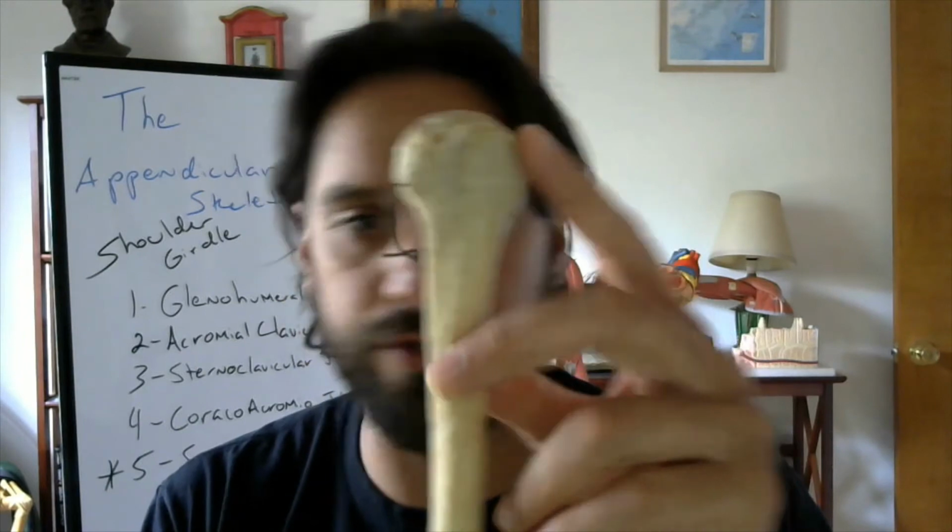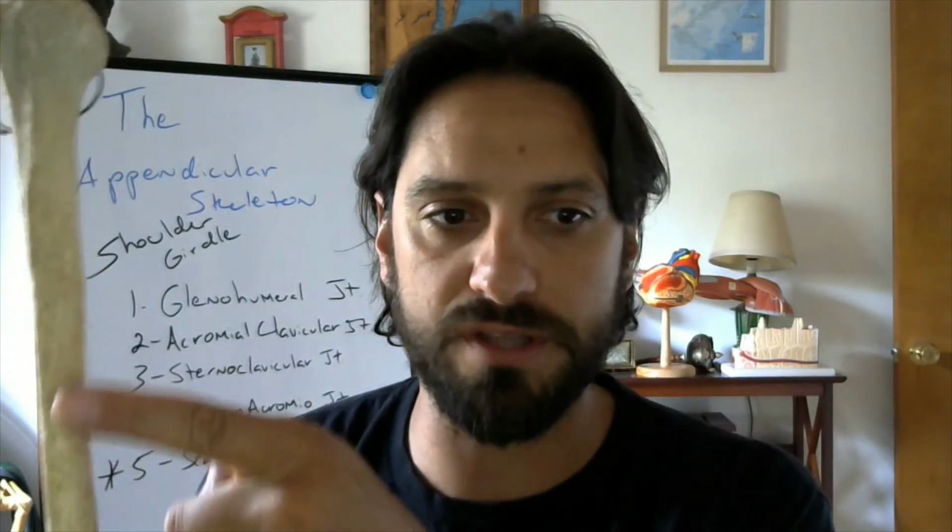I find my greater tubercle, I know it's on the lateral side, and then I take my finger and slide down. As soon as I feel a rough, nubby portion, that means muscles insert there. That's the deltoid tuberosity.